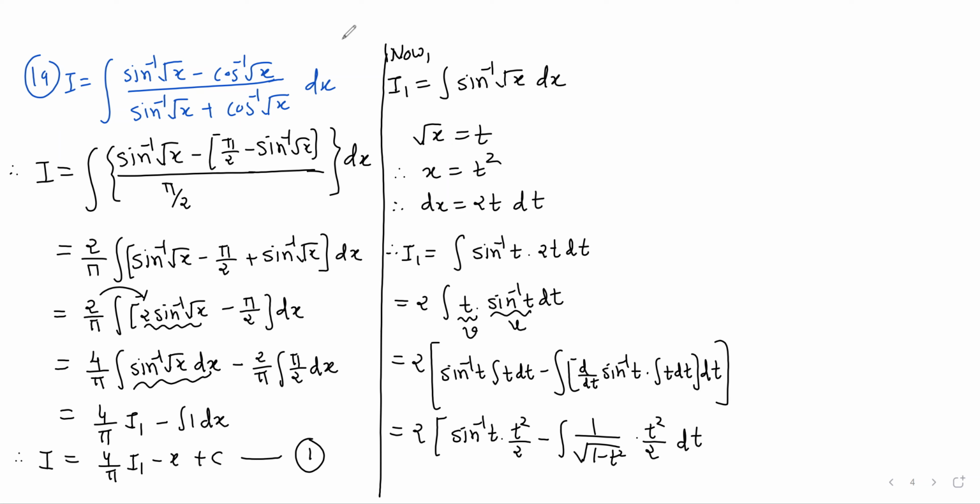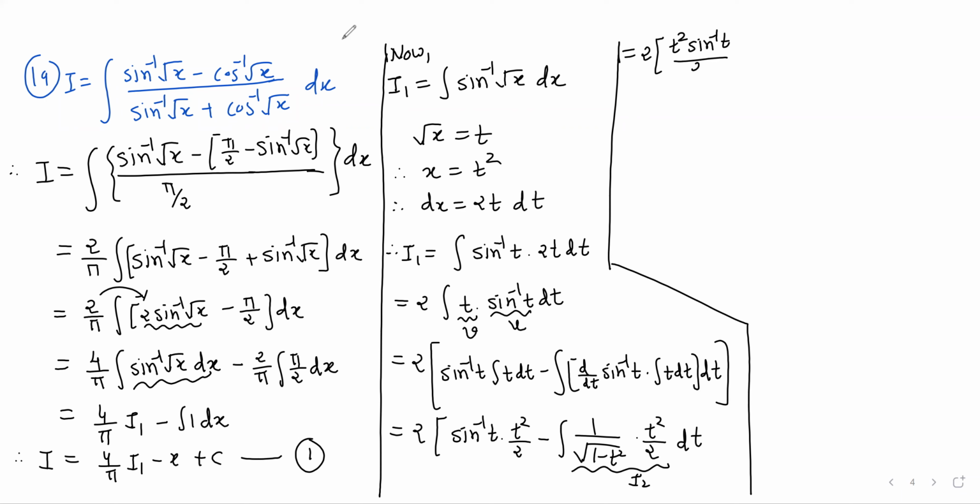Now again, suppose you are facing a little problem doing it here, then consider this step as I2, simplify individually and put it here. Here we will do it together. So it is equal to 2 into t square sine inverse t upon 2 minus integration of, again, 1 by 2 is a constant term.